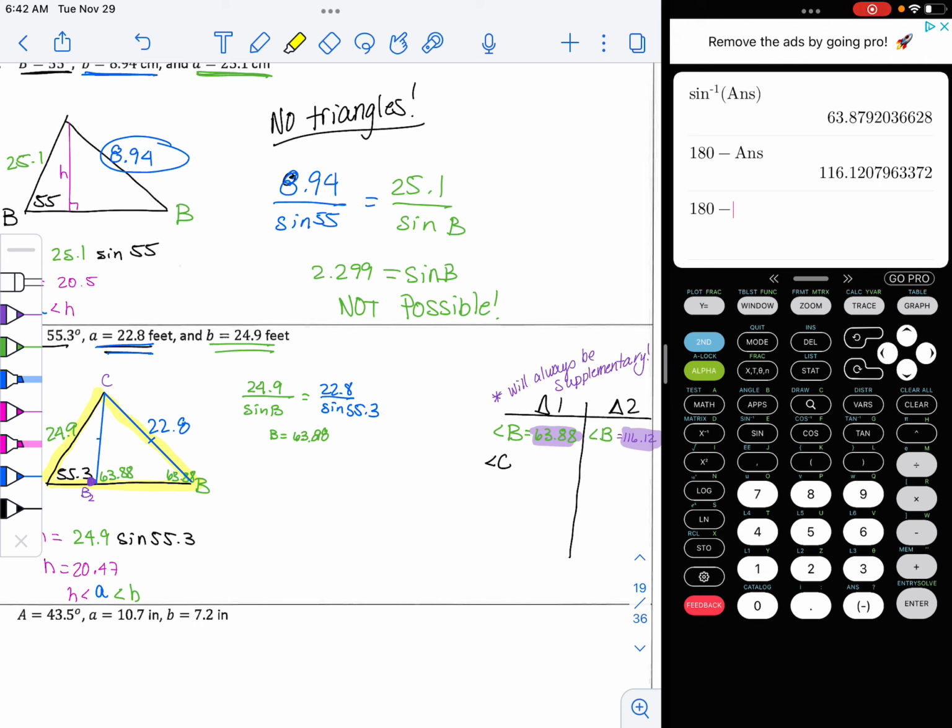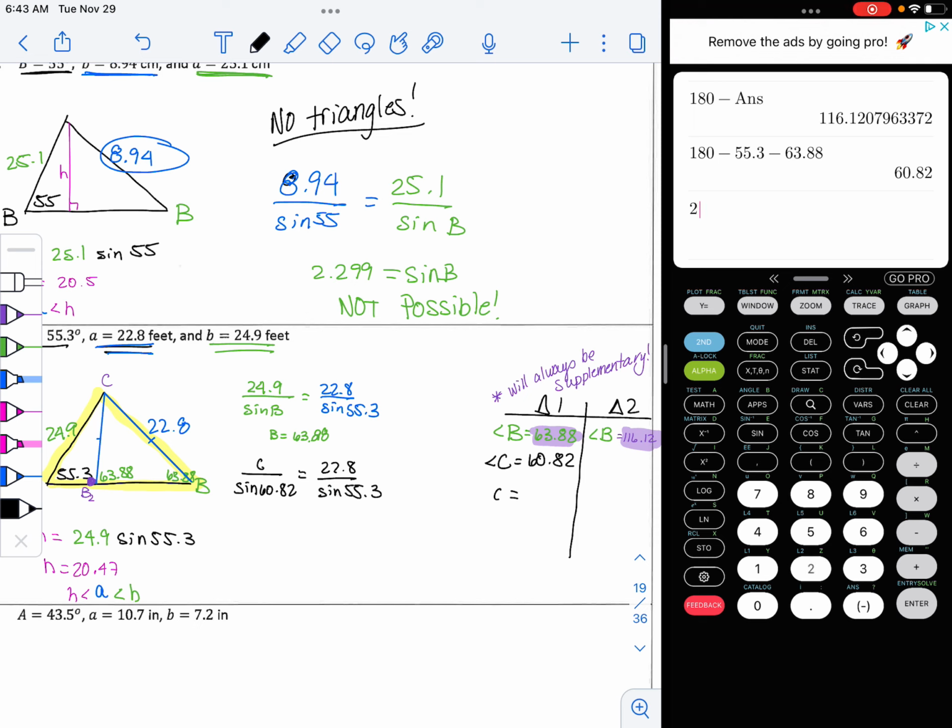So I'm going to take 180, subtract my 55.3, subtract my 63.88, and that leaves me with angle C at 60.82. Well, now I can find side C of that yellow triangle by doing my law of sines. So side C over the sine of 60.82 equals 22.8 over the sine of 55.3.